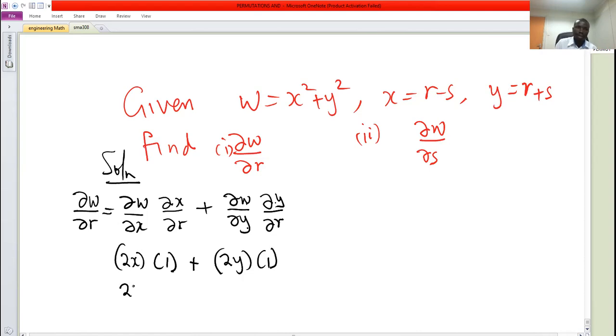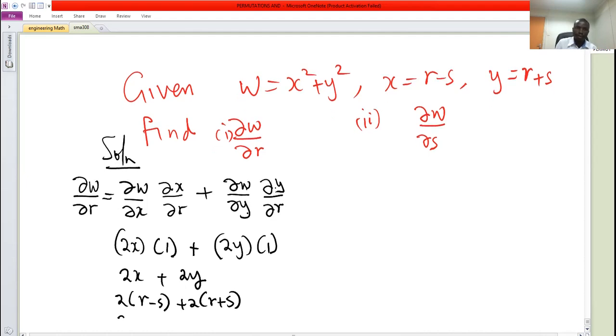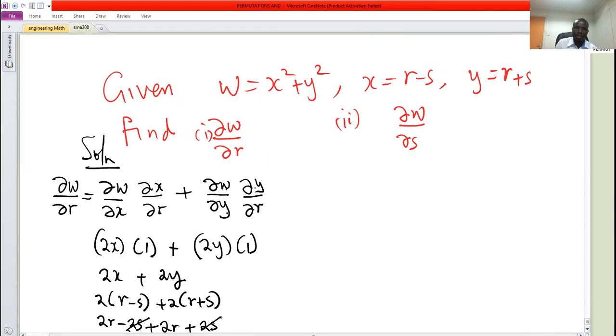So this will just be 2x plus 2y, but x is the same as r minus s, y is r plus s. So this will be 2r minus 2s plus 2r plus 2s. So minus 2s and plus 2s cancel out, so that will remain with 4r.